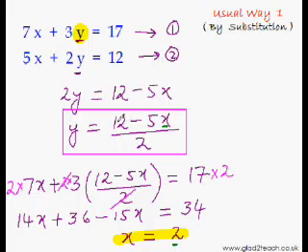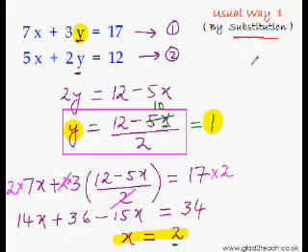So 12 minus 10 would be 2, and 2 divided by 2 will be 1. So y is equal to 1. And now the question is solved. x is equal to 2, y is equal to 1. So this was the substitution method for you. Tell me honestly, how did you find it? Did you say long and complicated?